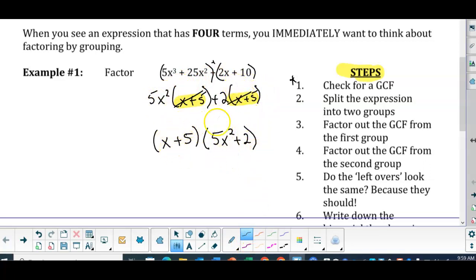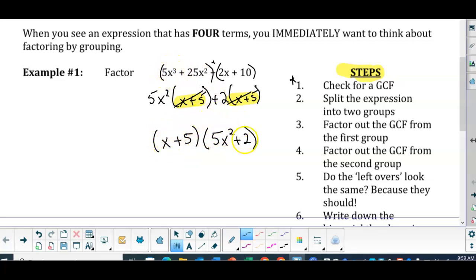But if you FOIL this, I would get the original equation back. You do not have to FOIL it. You can FOIL it to do a check. 5x squared times x is going to be 5x to the third.